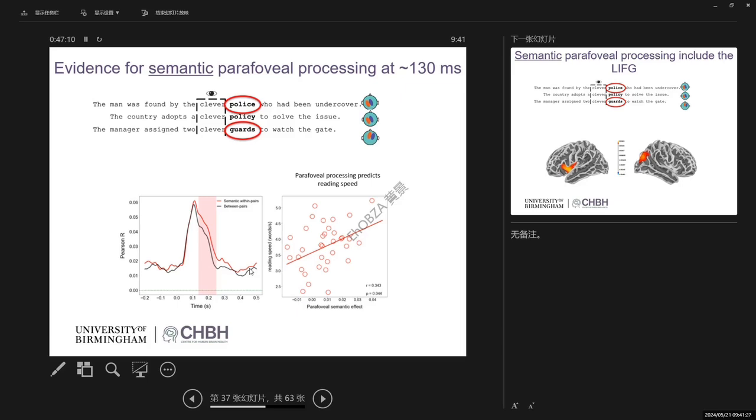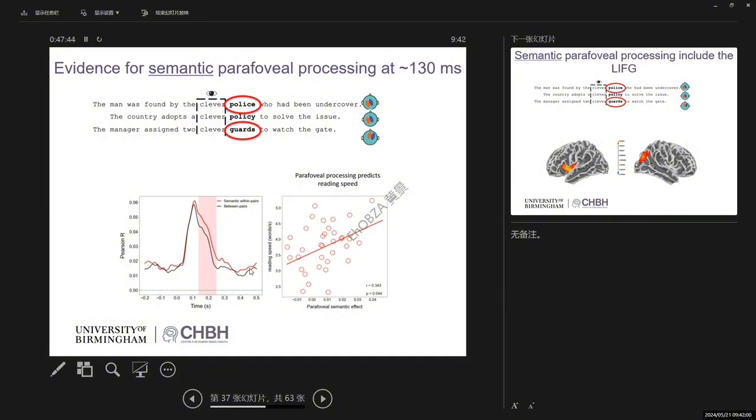And here we see a difference at about 130 milliseconds. Again, robust. And this difference reflects the semantic parafoveal processing, right? So now we have convergent evidence with the rapid frequency tagging and the RSA analysis that parafoveal processing can be done at the semantic level very fast. Here it occurs at about 130 milliseconds.